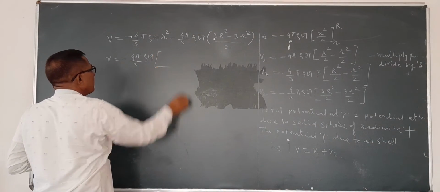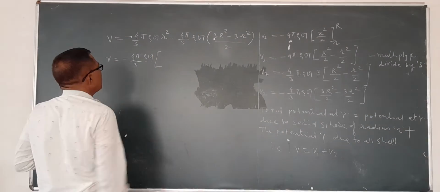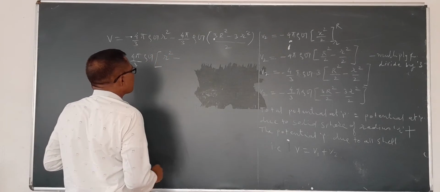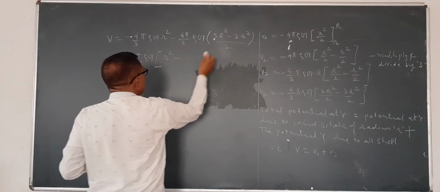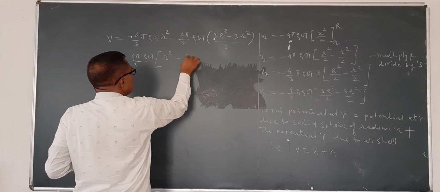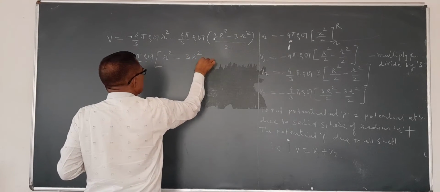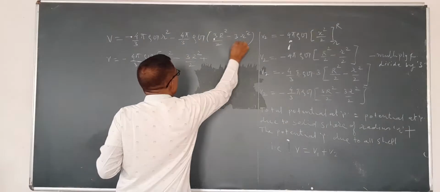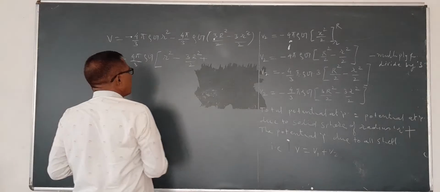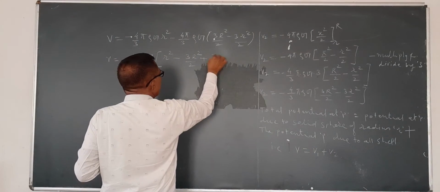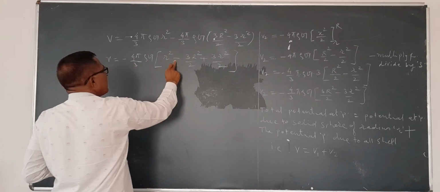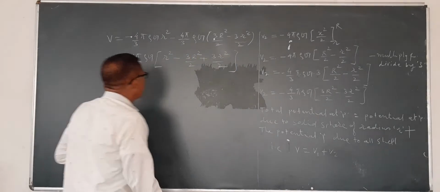Therefore, the remaining quantities are r square minus, and this bracket remains as it is, 3r square plus 3r square by 2. Here we write 2 and 2 like this, 3r square by 2 plus 3r square by 2, multiplying by this minus sign to this bracket.